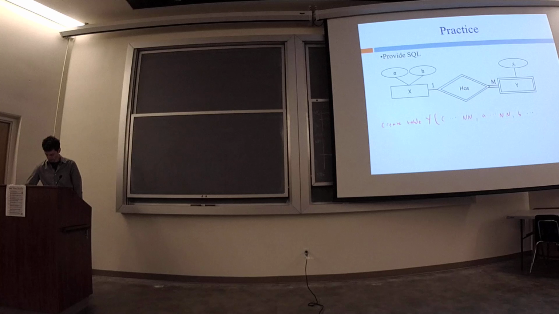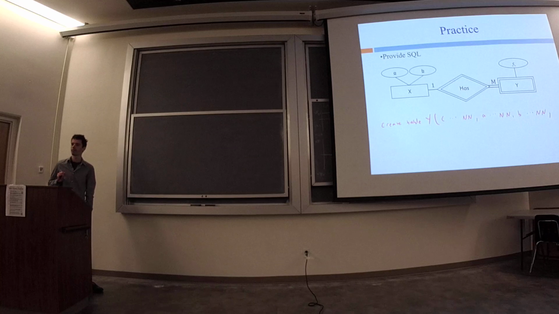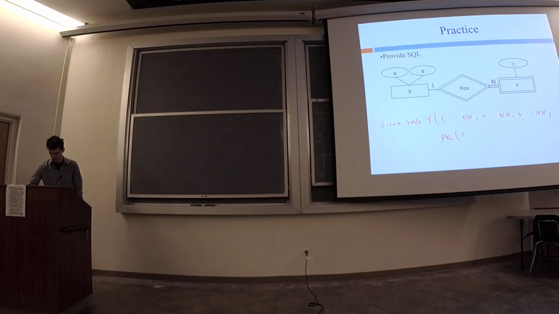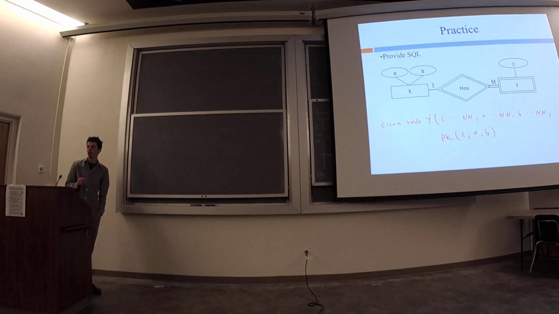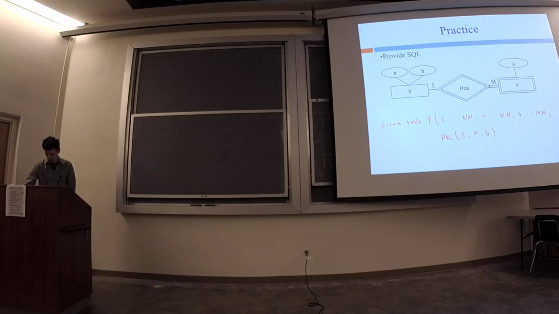Same for B. Primary key? All three. The order doesn't really matter, but I'll do C first since it's the partial key. Okay, and then the foreign key is the same. AB references X, AB. So the differences there were these not nulls and the primary key.